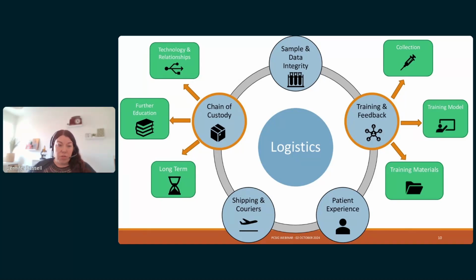So if we move on to some of the solutions that we discussed for chain of custody, for the technology and relationships, we really should try to lean on existing technology and also relationships that we have already with our couriers and various other companies. It was mentioned that the use of e-requisitions can really help with multiple aspects of chain of custody.